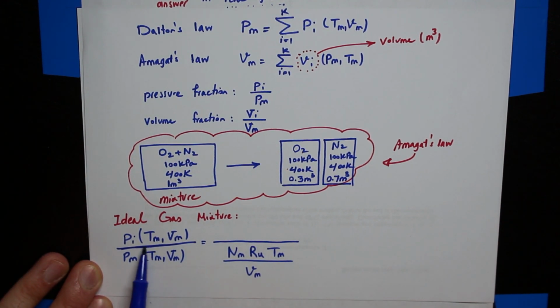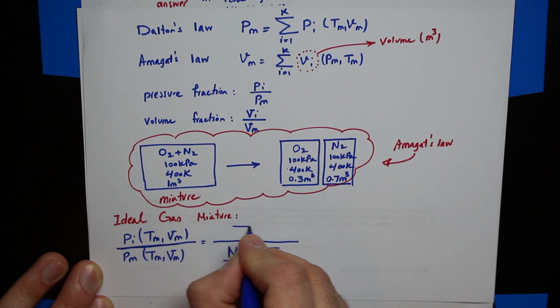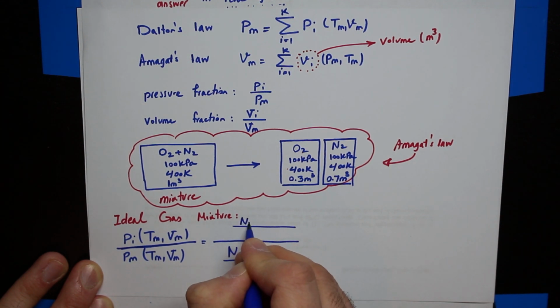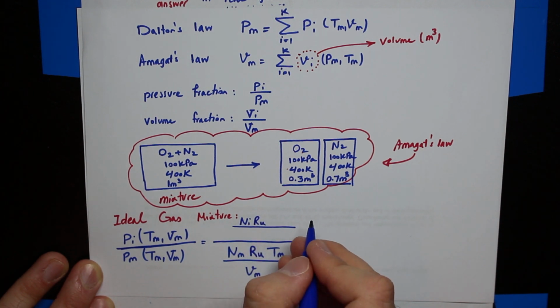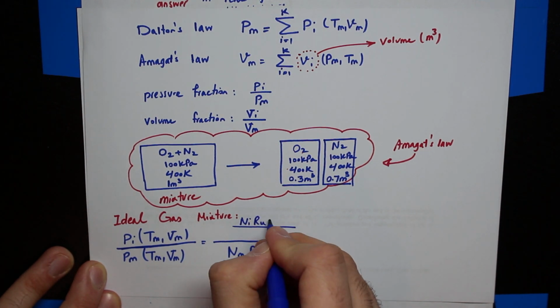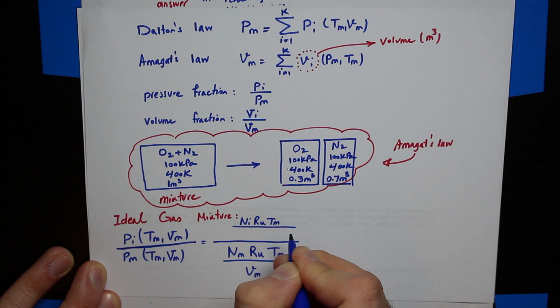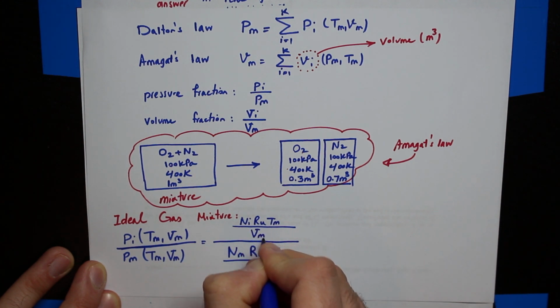Likewise, I can apply the ideal gas law to solve for Pi, and that will be the number of moles in component i multiplied by the universal gas constant Ru multiplied by the temperature of the mixture divided by the volume of the mixture.